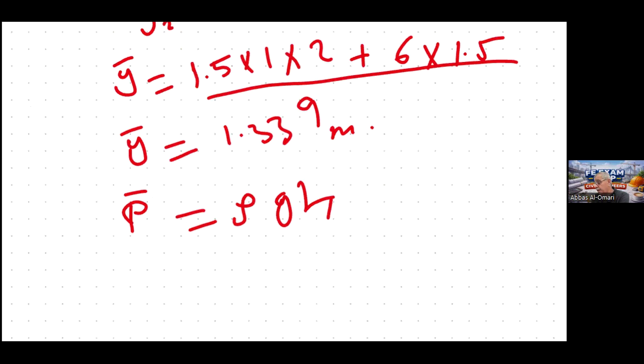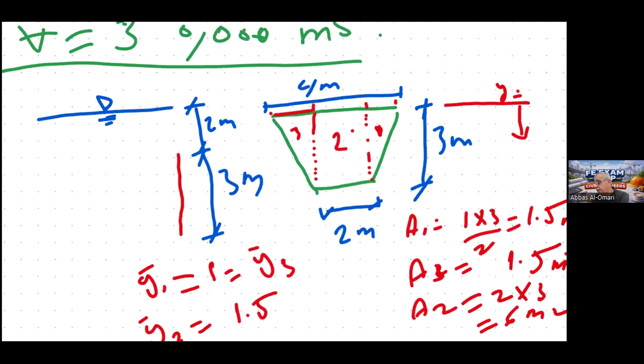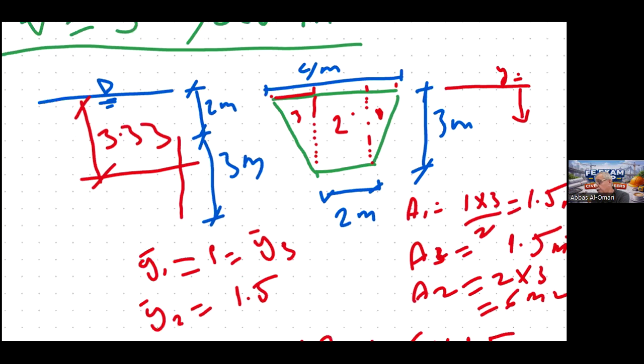Now the Y bar is 1.33 from the top of the gate. So H is 2 plus 1.33, so that's 3.33. So that's H. So now we have P equals rho GH.